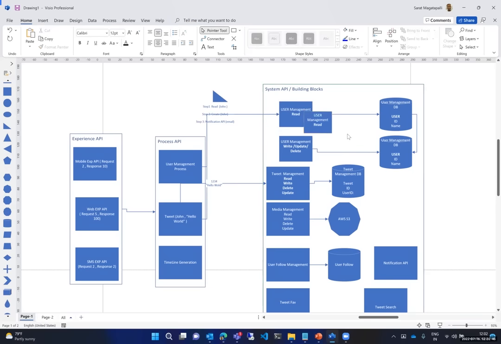Again, this is very high level. In the interest of time, we could not talk in detail. But this is the high level of how you can design your Twitter application by leveraging the microservice architectural style. Each and every architecture has its own trade-offs. For example, the trade-off here is cost.